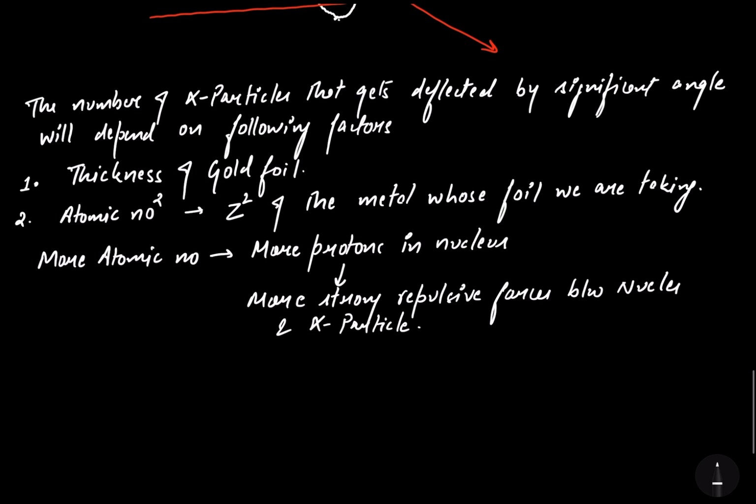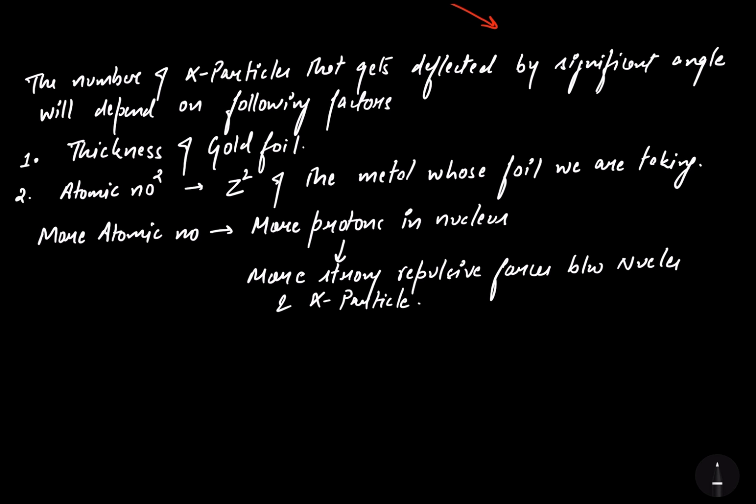Now let's talk about the third factor on which it depends, that is, it is inversely proportional to the fourth power of velocity of alpha particle. What does it signify?